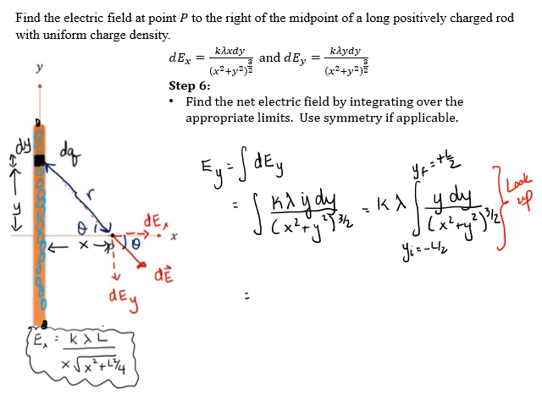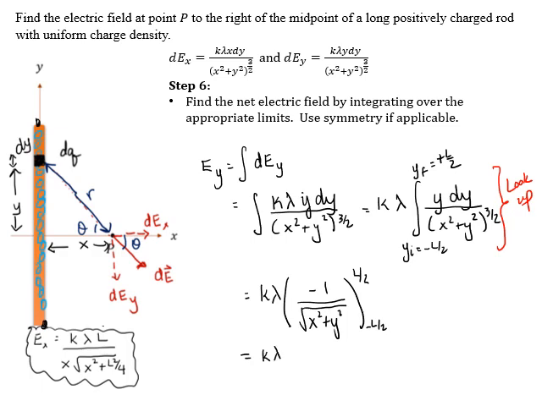And what we get for the results of our integral is our k lambda is outside, and we're multiplying by minus 1 over the square root of x squared plus y squared. That has to be evaluated at L over 2 and minus L over 2. So we'll put in plus and minus L over 2.